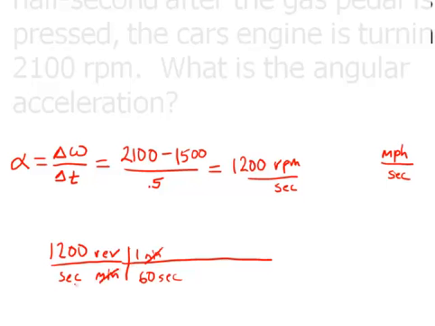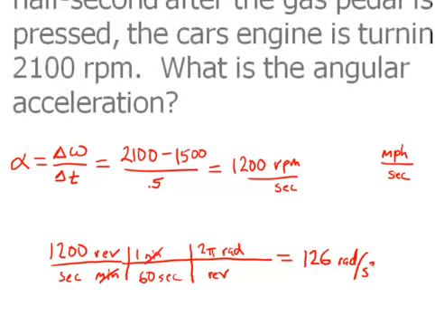Now I've got seconds and seconds, so seconds squared. And then I need to go from revolutions into radians. So we'll write revolution down here and 2 pi radians. And 1200 times 2 pi divided by 60 corresponds to about 126 radians per second squared.